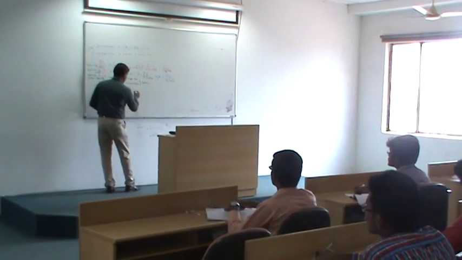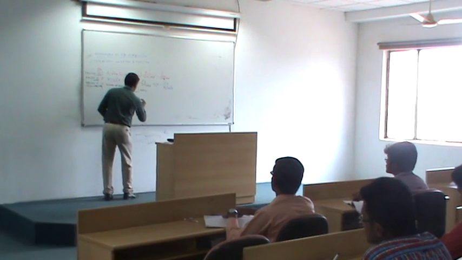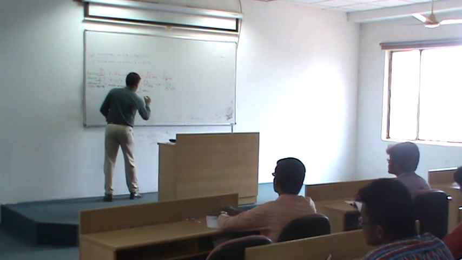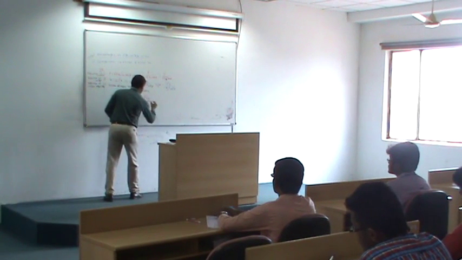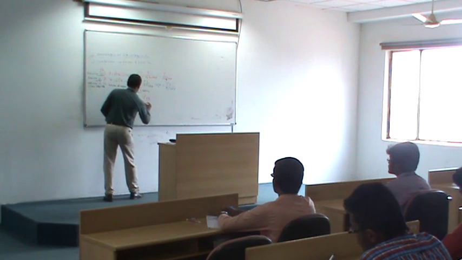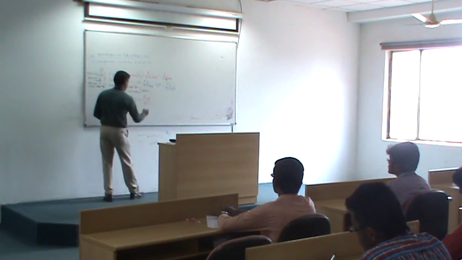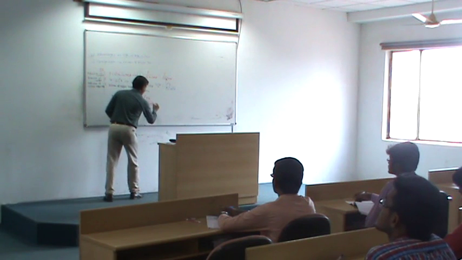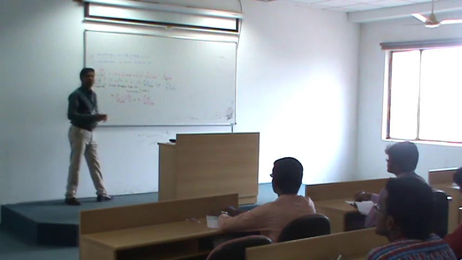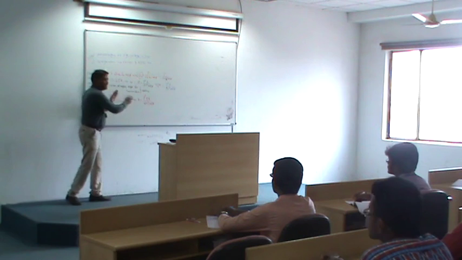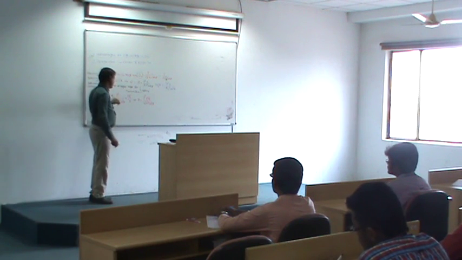Correct? So from this, A is equal to P square rho L divided by W V square cos square phi. Can I write like this? I am just rearranging the equation.